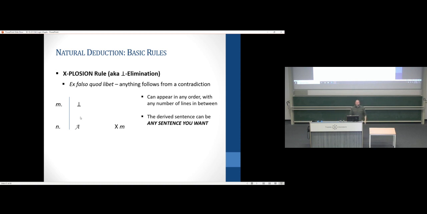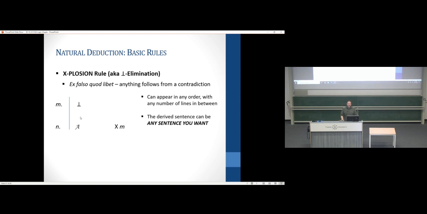Now, why might we buy this rule? Let's go all the way back to lecture 1. Remember Mars's moons? And we talked about the weird case when premises are jointly inconsistent. And when premises are jointly inconsistent, doesn't matter what the conclusion is, the argument's always valid. That was this rule.